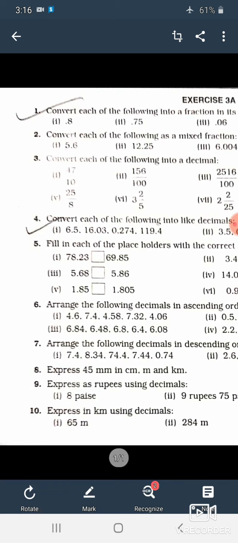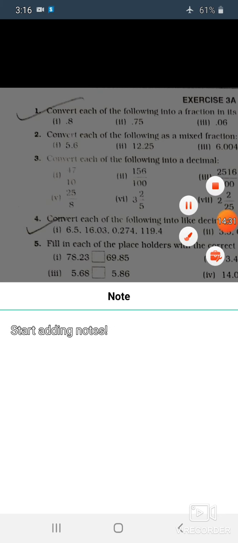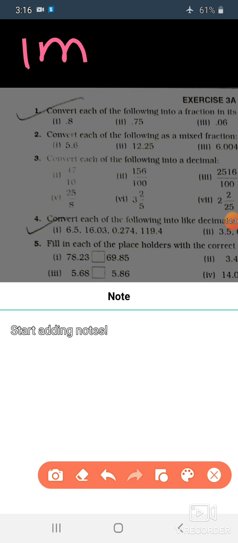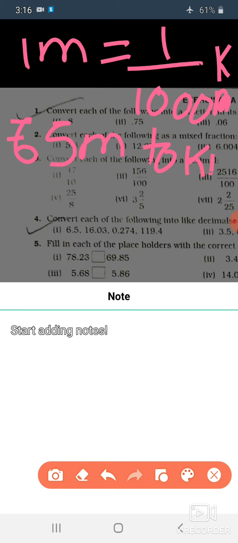Okay, next question, that is question number 10. Express in kilometer using decimals. 65 meter, you have to convert meter into kilometer. For this you know that 1 meter is equal to 1 by 1000 kilometer. So we have to convert 65 meter to kilometer.